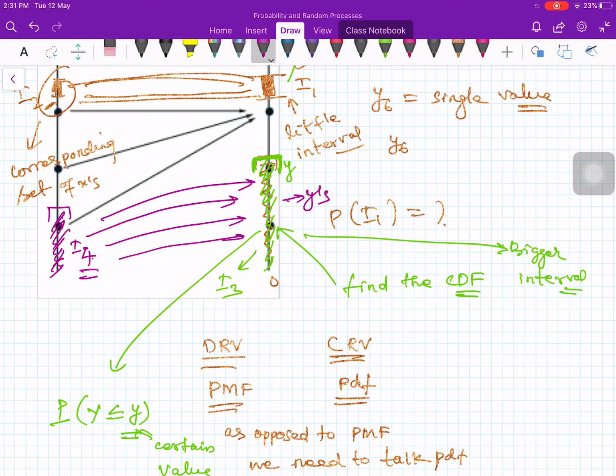And then we argue as follows: the probability that y falls in this interval I3 is the same as the probability that x falls in this interval I4.